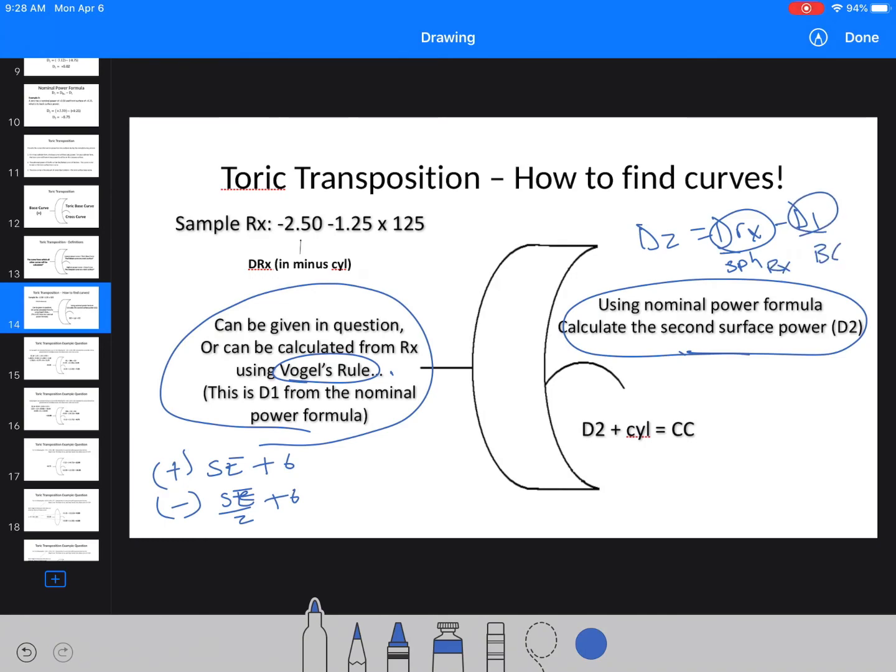And then D1 is also known as the base curve. And then the cross curve is basically you just take your answer from the toric base curve and add the leftover cylinder. So in this particular case, it would have just been D2 plus the minus 1 1/4.